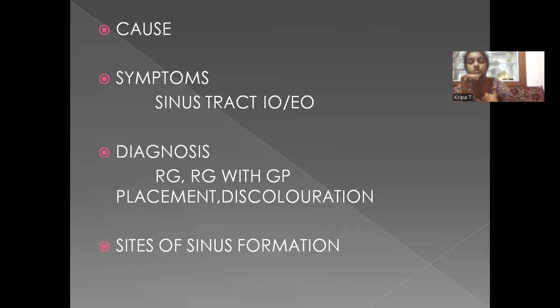The symptoms: there will be a sinus tract, either intraorally or extraorally. For ease of diagnosis, to find out which tooth is involved, you can trace your sinus with gutta-percha. Usually a 4% gutta-percha is used, to spot the origin of infection.